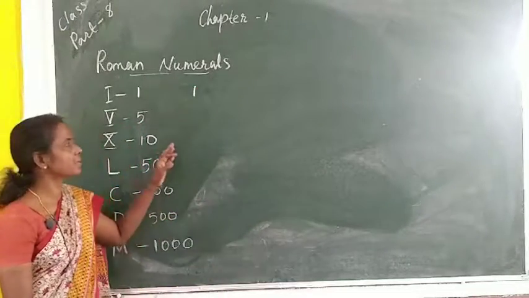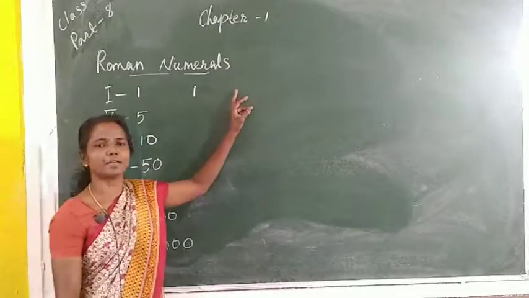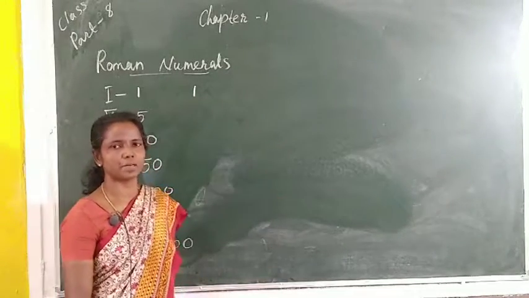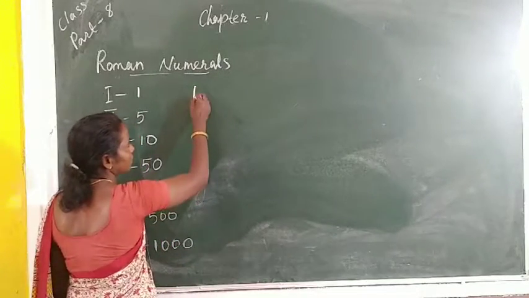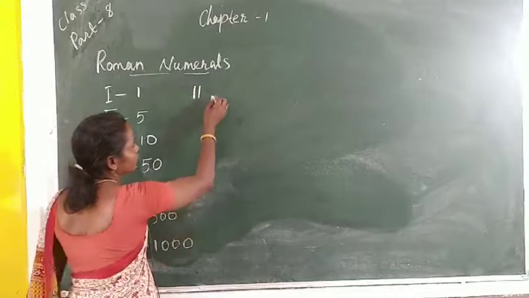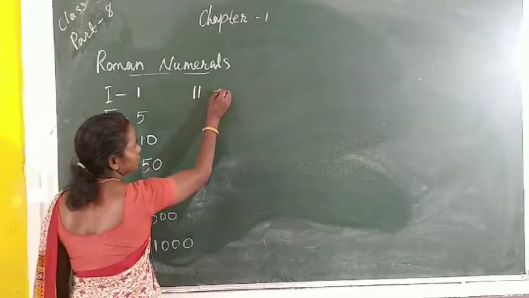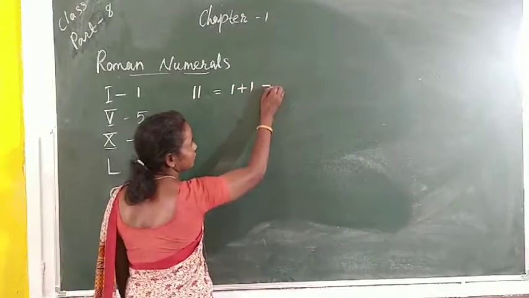If a symbol is repeated, we add its value as many times as it is repeated. For example, look at this symbol 1 repeated 2 times. What is its value? 1 plus 1 is equal to 2.